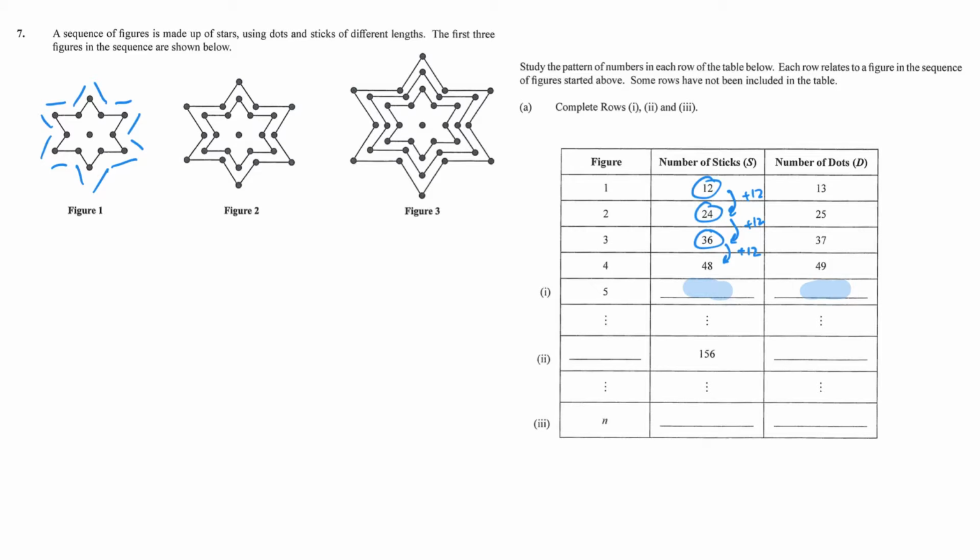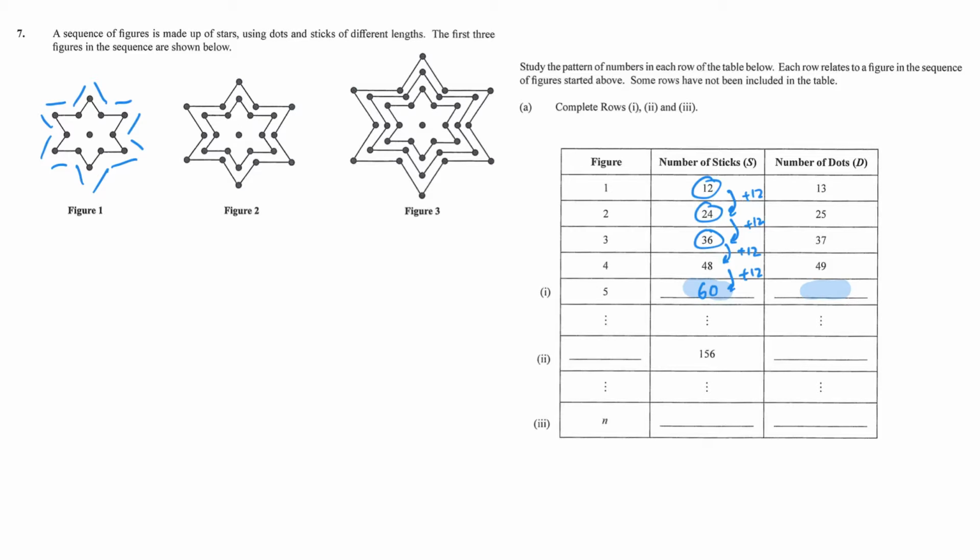So to figure out the number of sticks in figure 5, we'll take the number of sticks in figure 4, which is 48, and add 12 to this. So 48 plus 12 gives me 60. Another pattern that you might observe here is that the number of sticks is just 12 times the figure number. For example, in figure 1, we have 12 sticks.